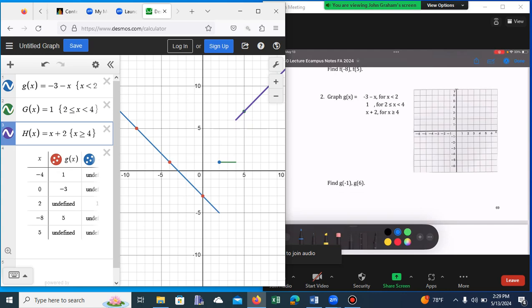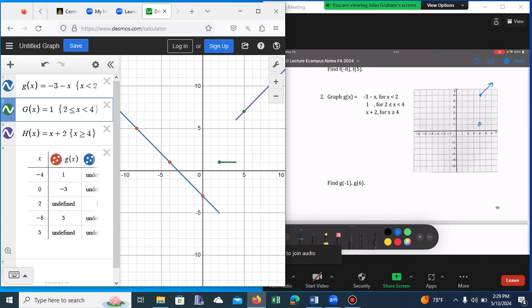The point (4,6) here is included, and that's increasing. The point (4,1) is not included, even though you can click on it. It will not be included.